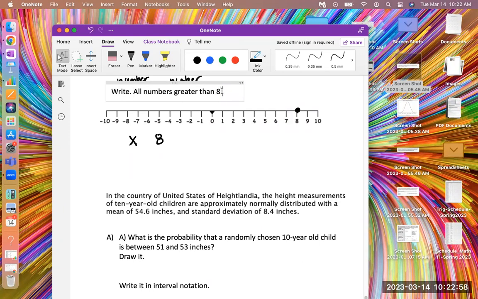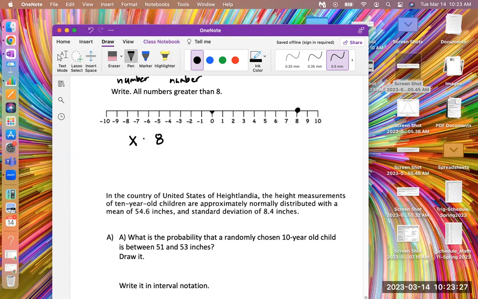Okay, so when they say all numbers, we translate that as an x, right? And when we say 8, then we put an 8 down. Now we have to decide, we know it's an inequality symbol, like an alligator mouth looking thing. But we have to decide, does it face the x or does it face the 8?